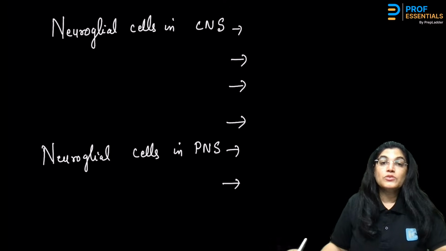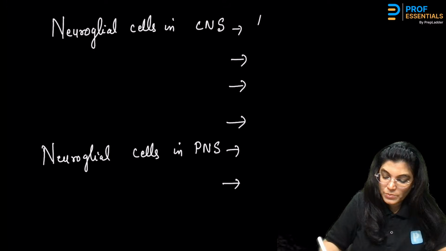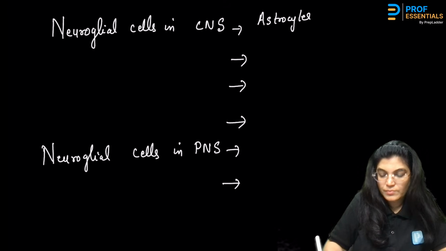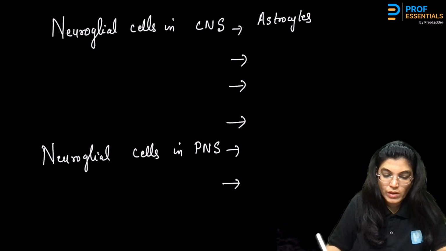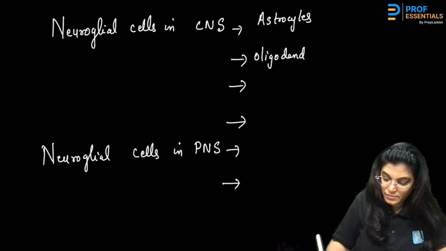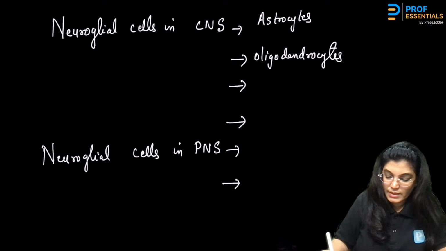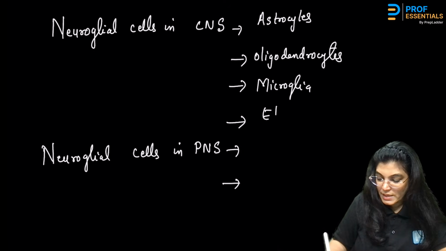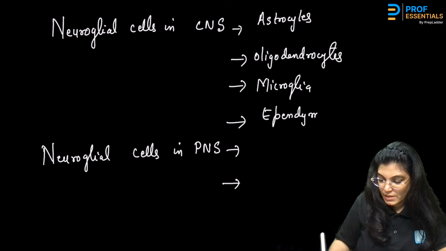Okay, so neuroglial cells in the central nervous system: the important ones are astrocytes, oligodendrocytes, microglia, and ependymal cells.